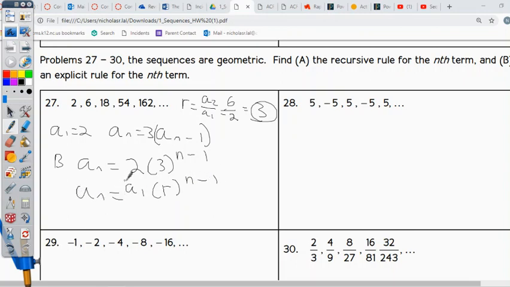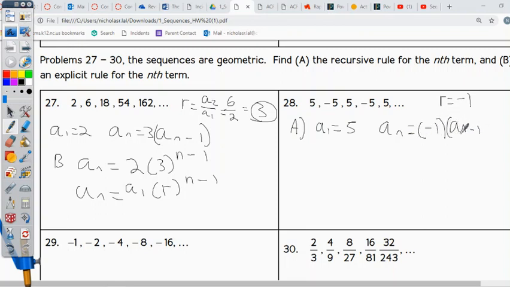Yes, Joanna. Alright, if you gotta go. Okay, 28. It'll be multiplied by negative 1, so your R is negative 1. A1 is 5. AN is equal to negative 1 times AN minus 1.